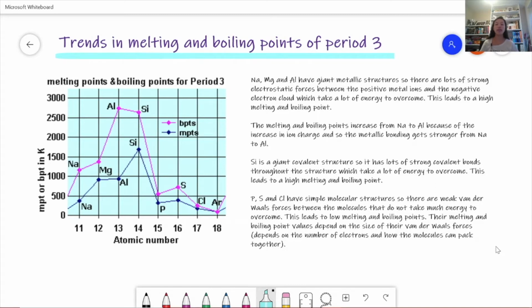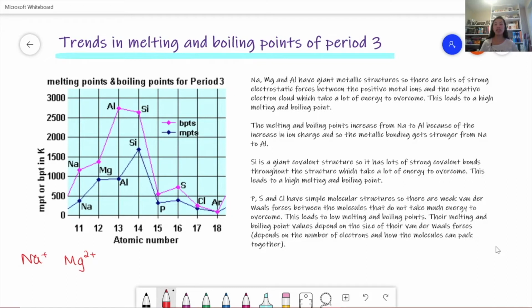Now, the melting and boiling points increase from sodium to aluminium because of the increase in ion charge. So if we think about sodium, it forms Na+ ions. But if we think about magnesium, it forms Mg2+ ions. And because Mg2+ has a bigger ion charge, the metallic bonding is stronger than in sodium.